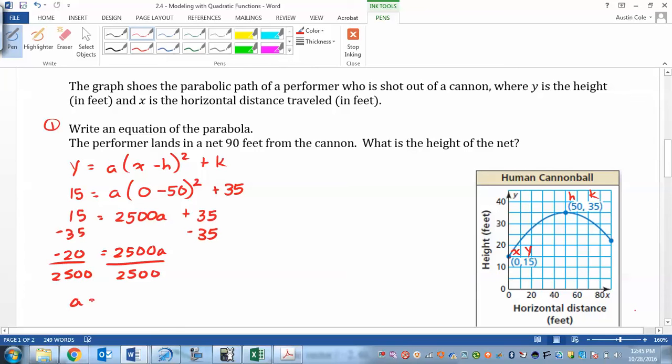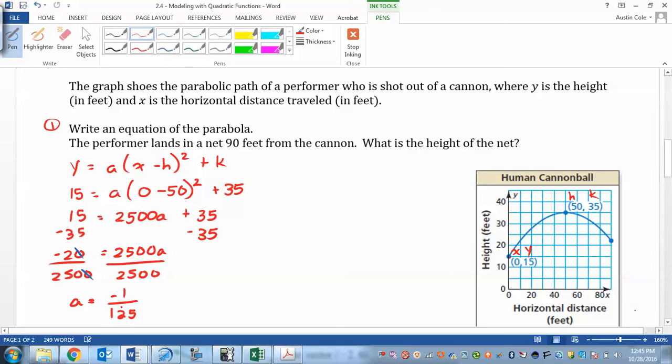And a is going to equal, guys, before typing that in our calculator, can't we take a 0 out of this fraction and get like negative 2 over 250? Now, what's in common between negative 2 and 250? There's a 2. So I'm going to take a 2 out, so I'm actually going to be left with negative 1 over 125.